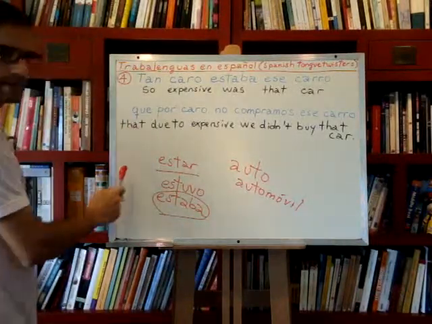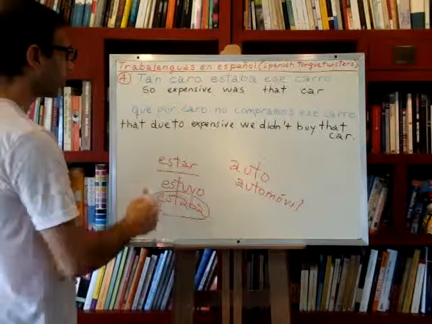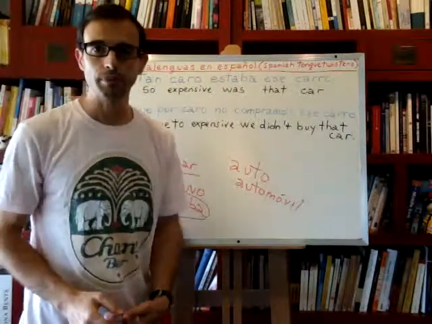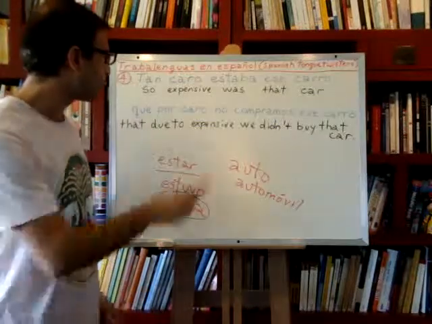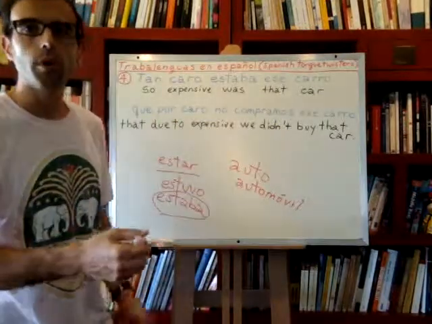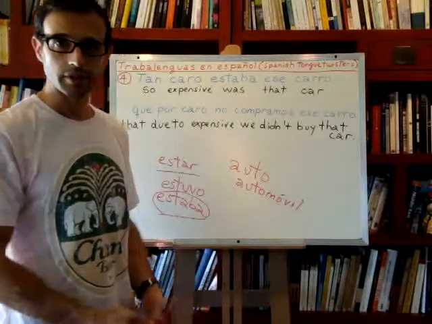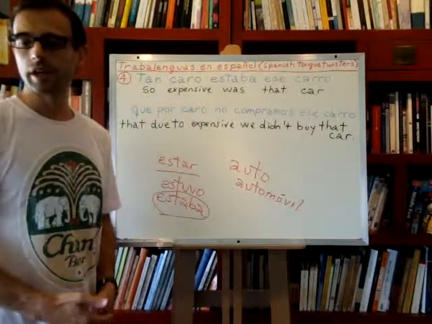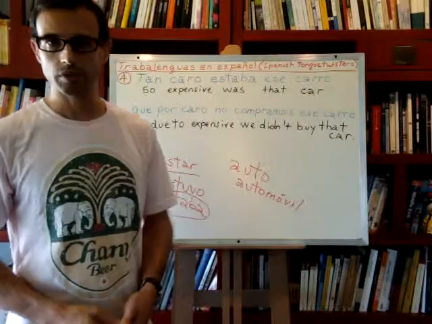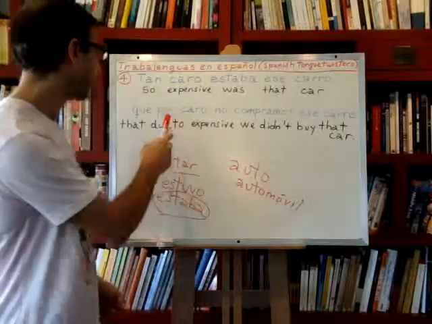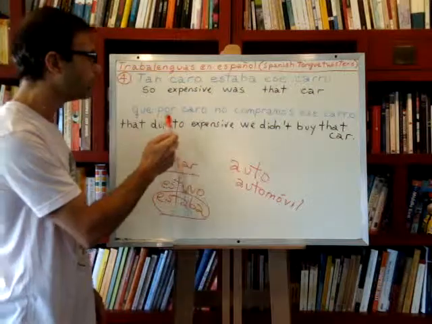Que means that. Por. The word por has several meanings, right? But one of the most common meanings for por is due to or because of, right? He venido por ti. I came because of you, right? Or here, it could be because of or due to, right?